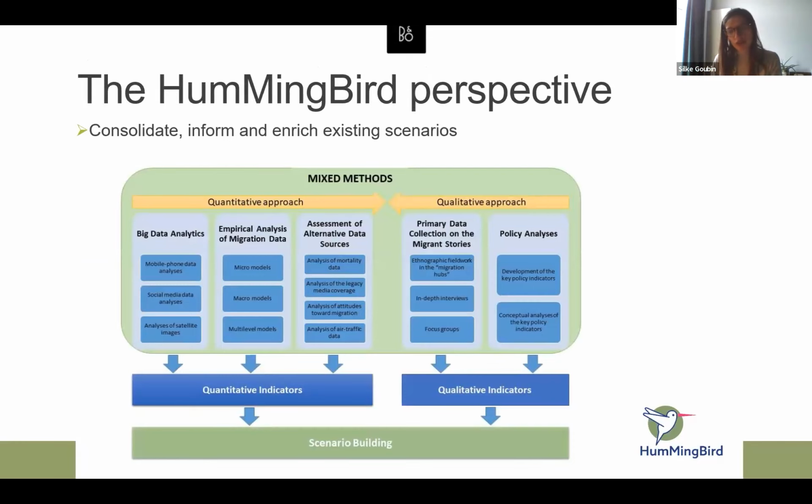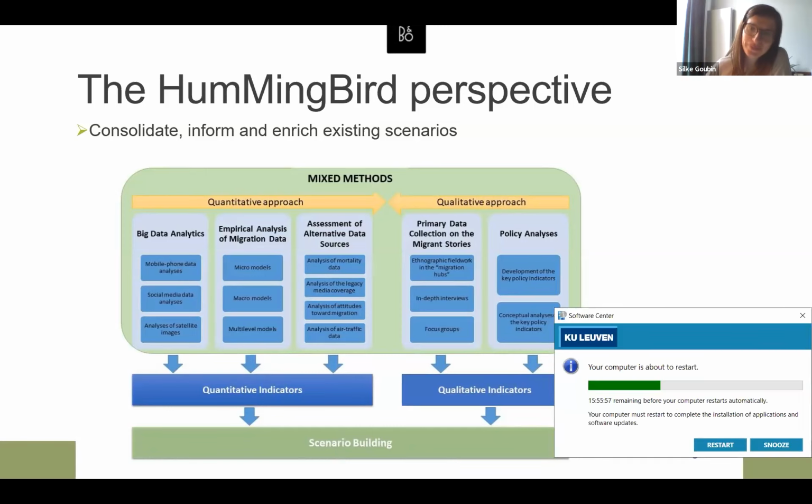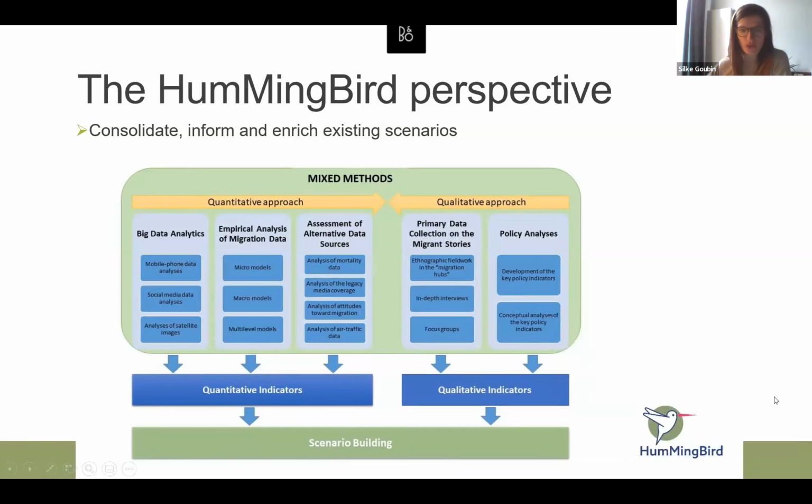As I mentioned in the introduction, HumMingBird wants to address the drawbacks of the current migration scenarios through improved measurements of migration, causes of migration, where migrants end up. This is precisely what we have been doing in these last couple of years, and this information we will implement into the existing scenarios. We will make content-wise contributions to those scenarios, but also data contributions.